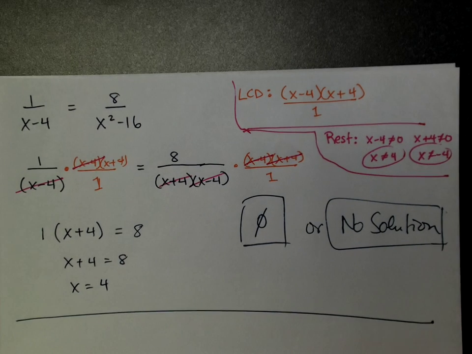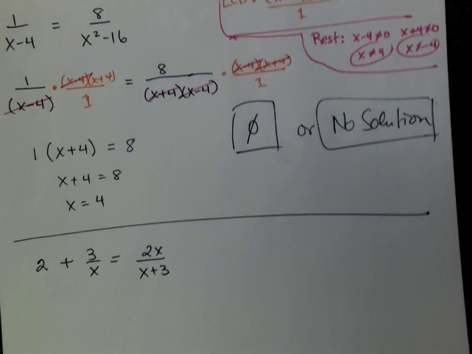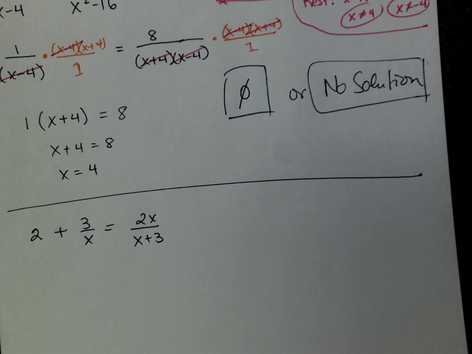Okay. So 2 plus 3 over x is equal to 2x over x plus 3. How many terms do I have in this equation? 3, right? Are they all rational? No. Only 2 of the 3 are rational. As long as there's at least one rational, it's a rational equation.